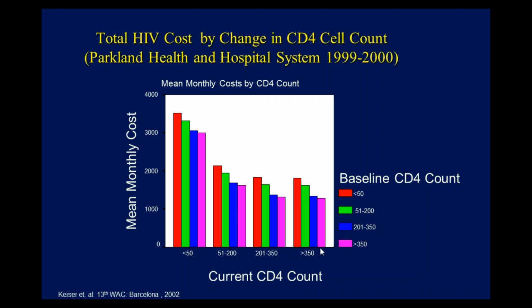So really the key is to get people's CD4 counts up so that you reduce the costs. And the people you spend the least amount on are the people that you diagnose with the highest CD4 count, i.e. their baseline's 350, and you keep their CD4 count up. So keeping people healthy saves money.